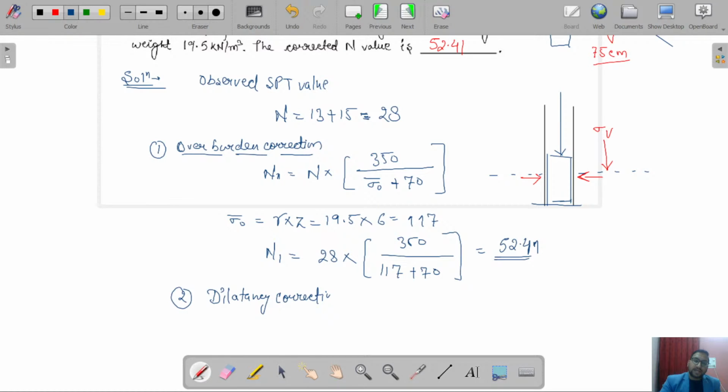In that case, the corrected N, N2, is equal to N1 plus half of N1 plus 15.